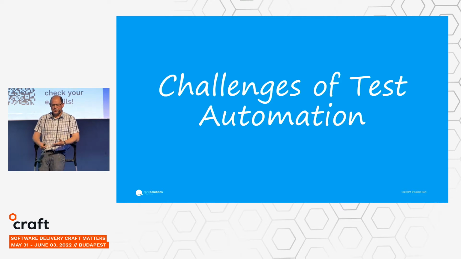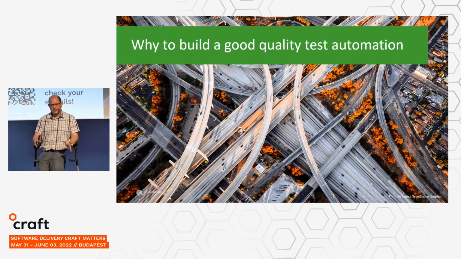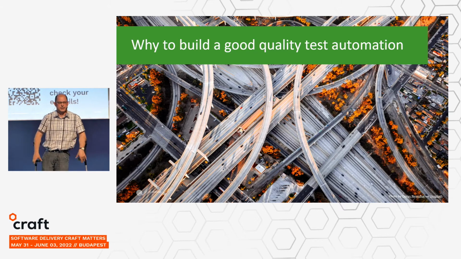But it turned out that it's not really like that, and there are a couple of interesting moments that I have learned through these years about test automation. Maybe these things sound trivial, but sometimes it makes sense to think a little bit behind those things.